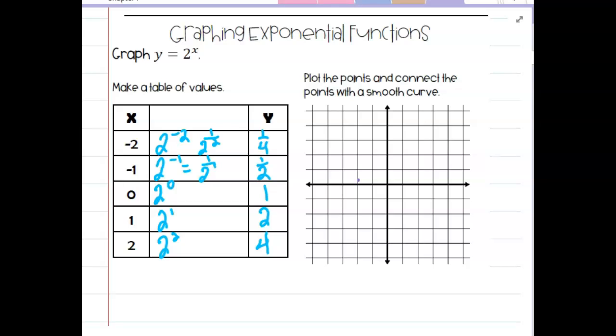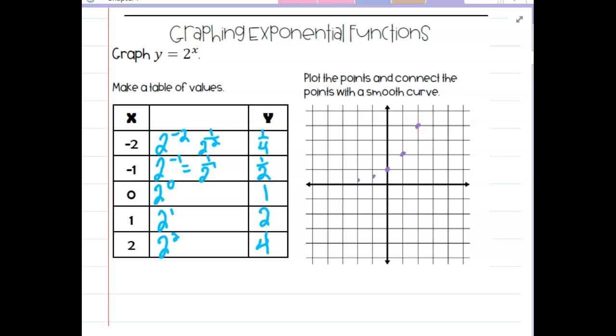Just barely. -1, 1/2, so left 1 and up a half. That's also a solution. 0, 1, so you're going to stay right there in the middle, but go up 1, put a point. 1, 2, so right 1, up 2, and then 2, 4.